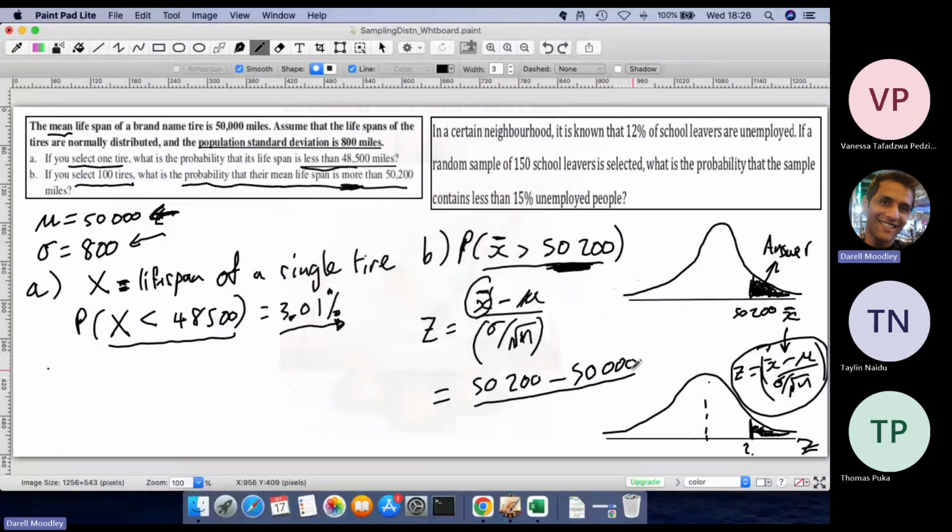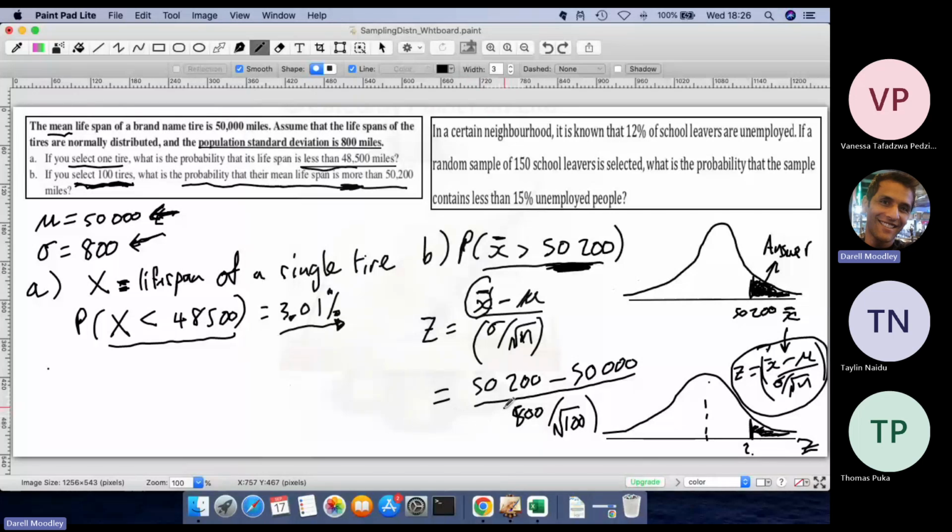All over sigma, which is 800, given to us. Divided by square root of n. Now, what is n? N is in the question. It tells you how many tires you're selecting, your sample size. It's 100. Your n is 100. So it's the square root of 100. That's what you're going to punch in your calculator.